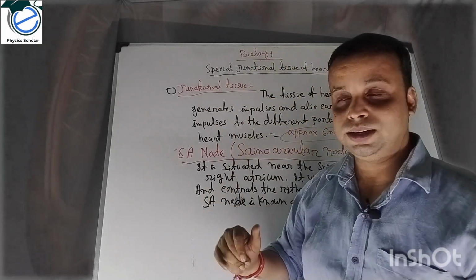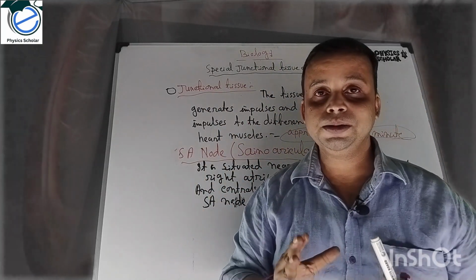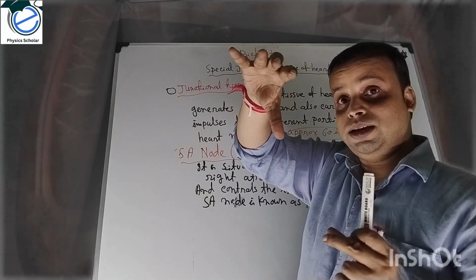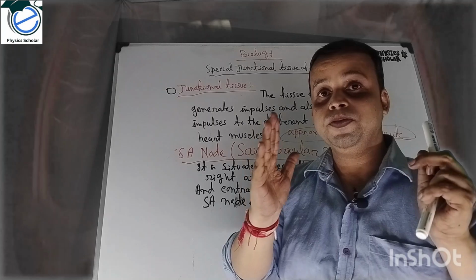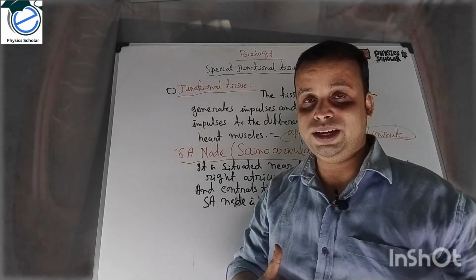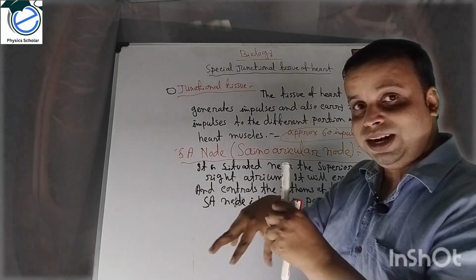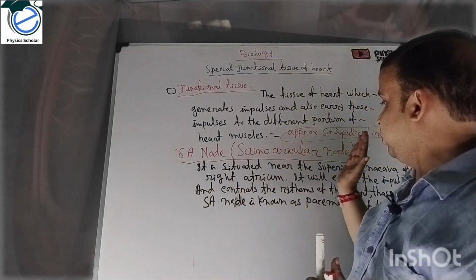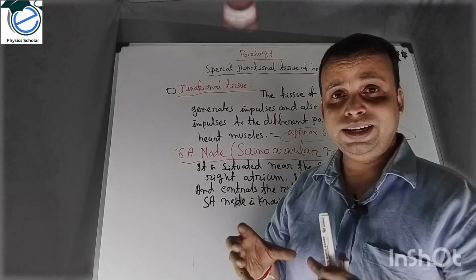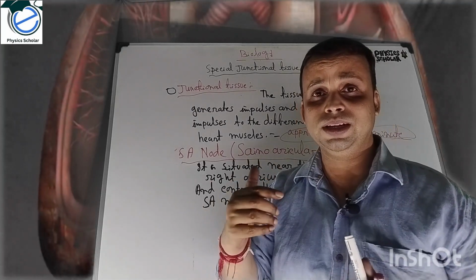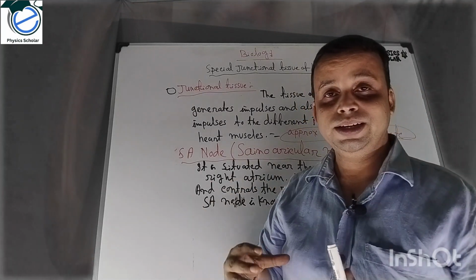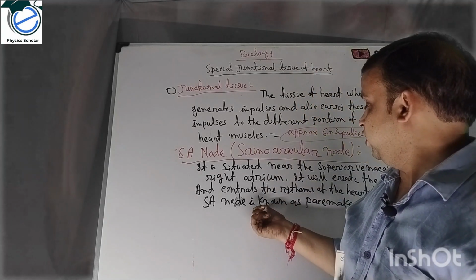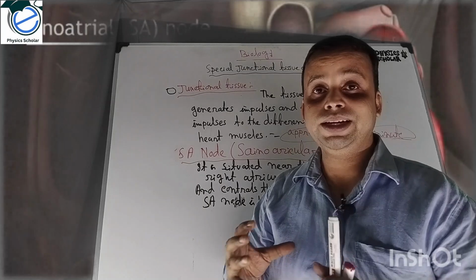The SA node is situated near the superior vena cava, the vein which carries impure blood from the upper part of our body to the right atrium, near that opening. The amount of sarcolemma is a little bit higher, and the SA node creates the impulses.